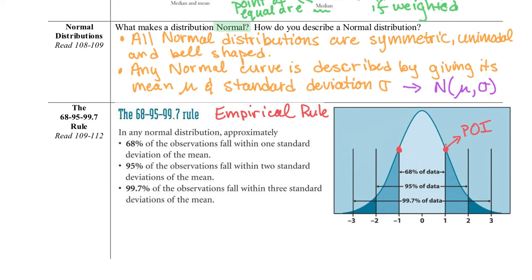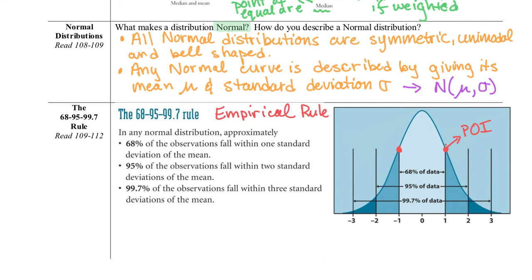So a POI, a point of inflection. Now, if you didn't take calculus, this isn't really important to know, but it's interesting because these values actually do come from a little bit of calculus and the shape of this curve. There is some tie-in there. We don't need calculus for AP statistics, but it's just kind of interesting that there is some overlap.